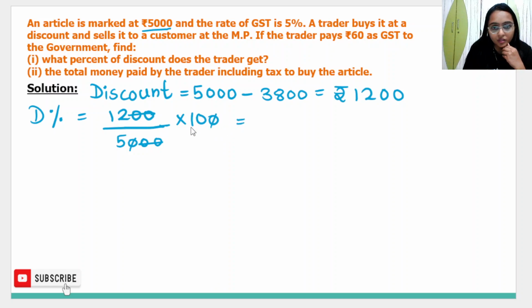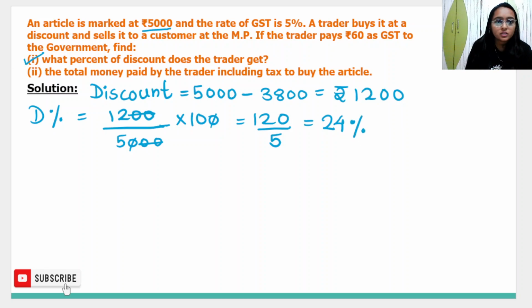So this gives you 120 divided by 5. 5 two times gives you 10, and then 5 four times gives you 20. So which is 24%. First question we have answered, which is 24% discount he got.